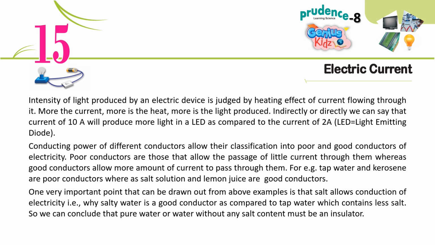One very important point that can be drawn from the above examples is that salt allows conduction of electricity. That is why salty water is a good conductor as compared to tap water, which contains less salt. So we can conclude that pure water, or water without any salt content, must be an insulator.